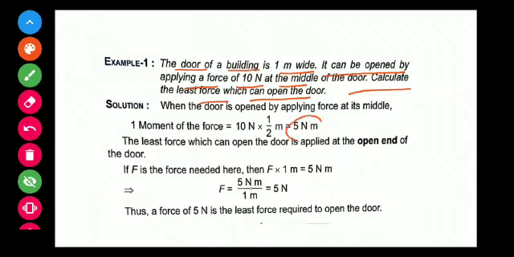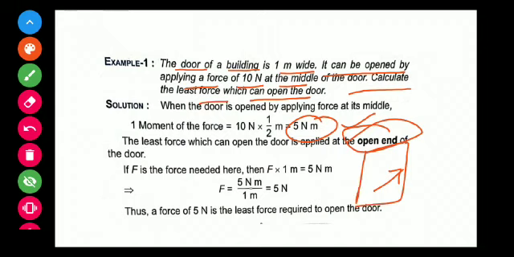First of all, we determine the torque. Torque is 5 Newton meter, and by using this torque we determine the minimum force. We consider that if we apply a force at the edge, at the open end, in such a case the force required is 5 Newton, because torque is equal to force into perpendicular distance.